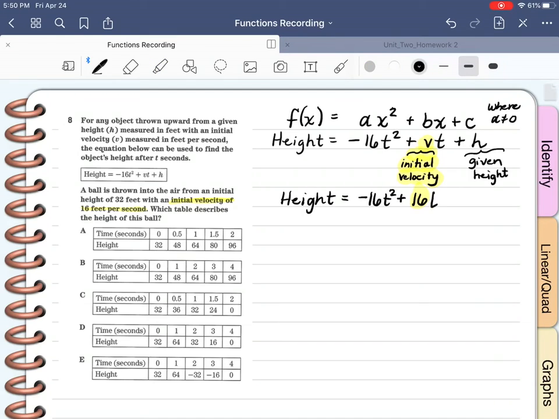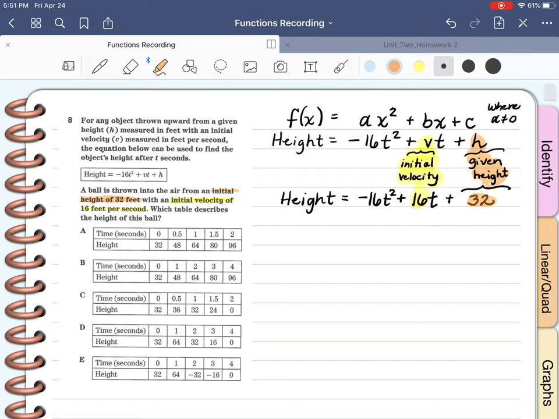T is part of the formula, and then the given height is something they give to me. When I look back at my story for the given height, I see that it is an initial height of 32 feet. So someone is standing at a height of 32 feet on a platform or something. That is the given height.